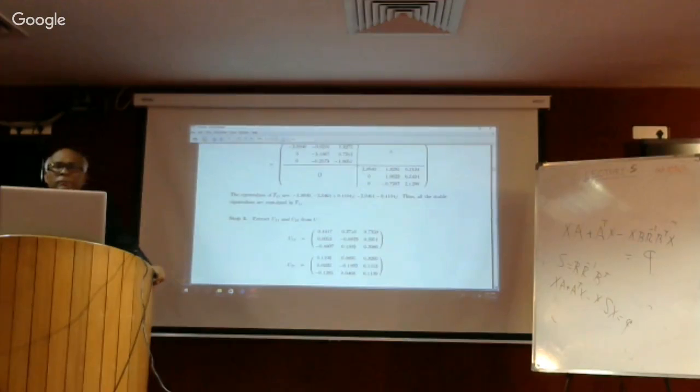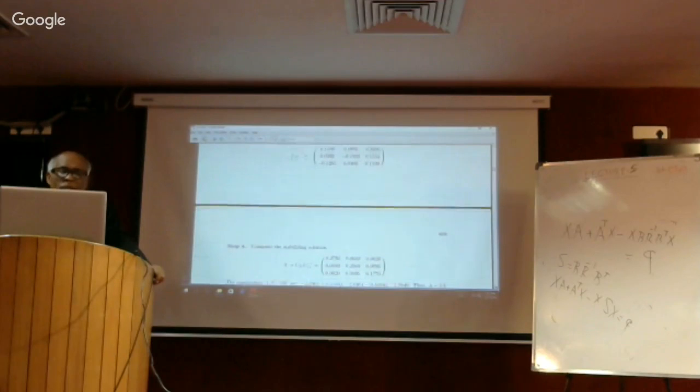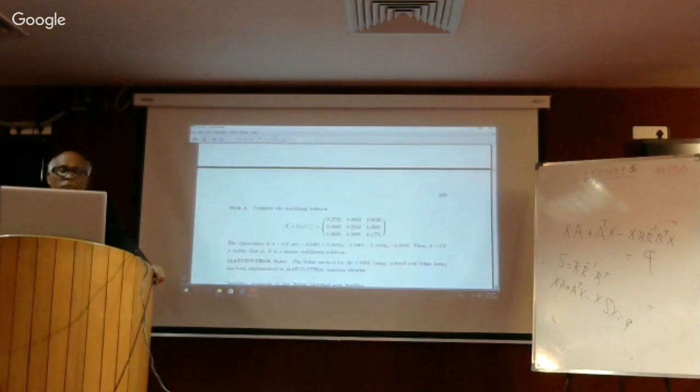Remember, H is a 6 by 6 matrix, so each block is of order 3. So U11 is of order 3, U21 is of order 3, and once you have it, you just plug in X. I just computed it explicitly, but you don't do that in practice. So this is your X matrix, and you can easily see that the matrix A minus SX is stable.